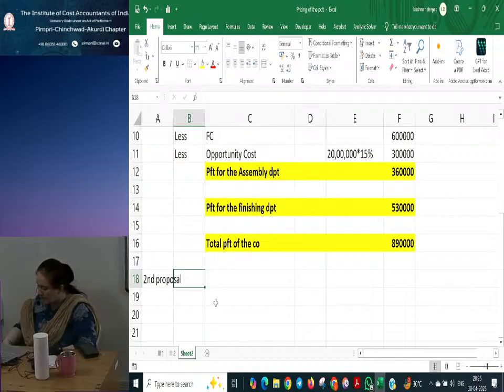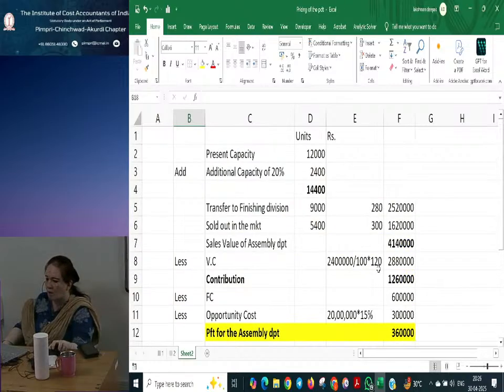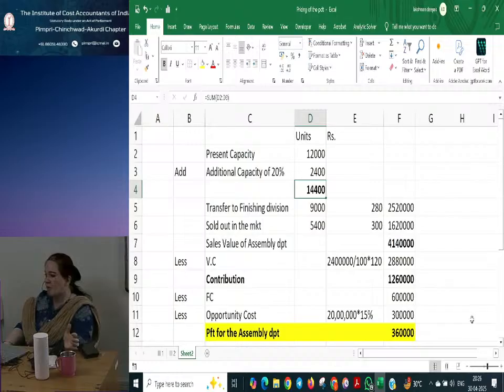Here, if you look at the assembly division, how many units are they having? 14,400. So after the expansion, the finishing division is telling us that they will take the entire 14,400 for 280 rupees per unit itself. Let it not be sold outside. Okay. So now how is the proposal going to change?